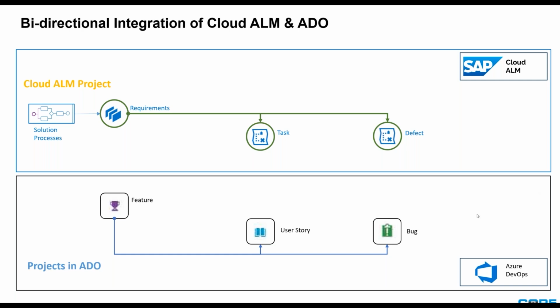In this case, you could automatically create any type of features directly from Cloud ALM into Azure DevOps. Also, if there's a task that you need to create within Cloud ALM to deliver a specific requirement, it will automatically create a user story within Azure DevOps.